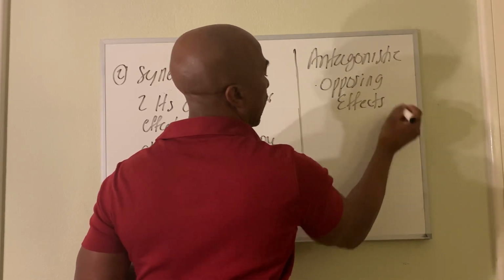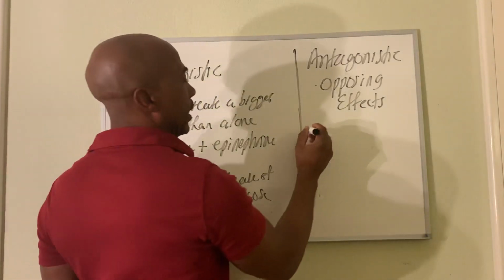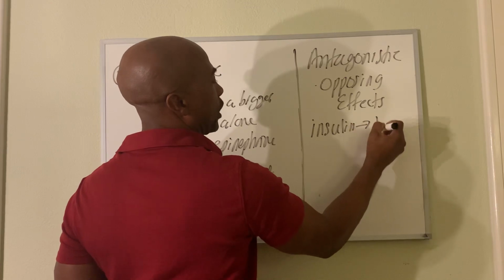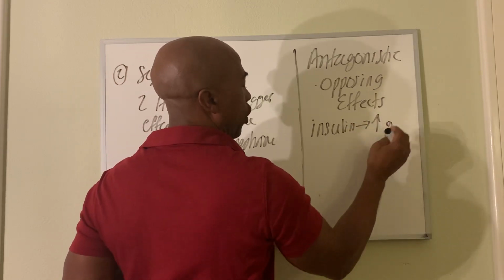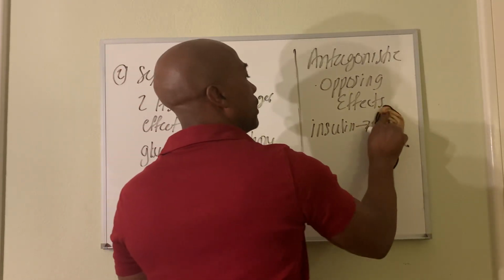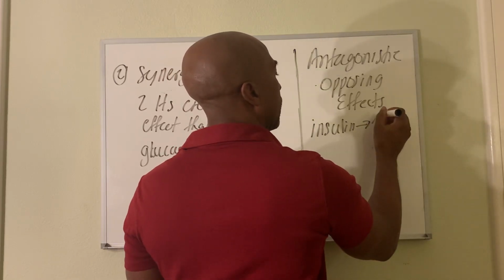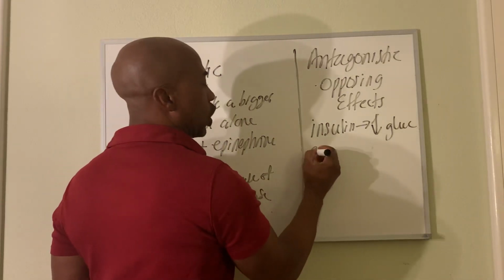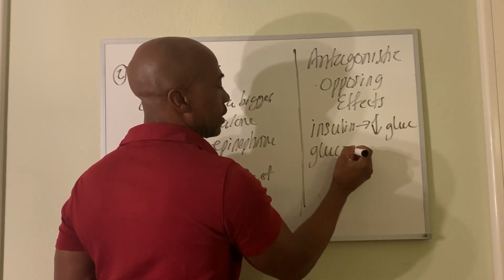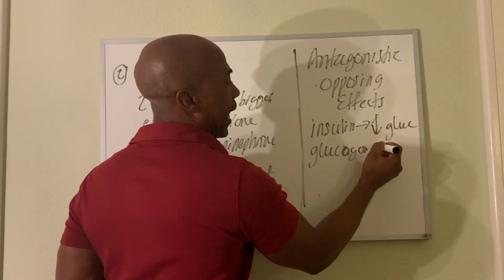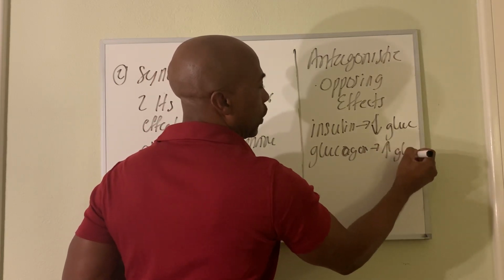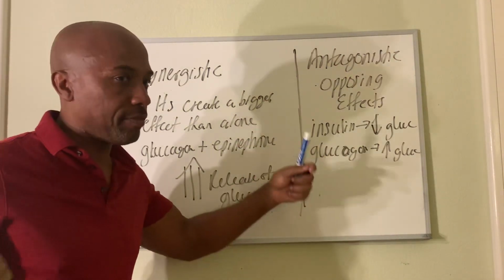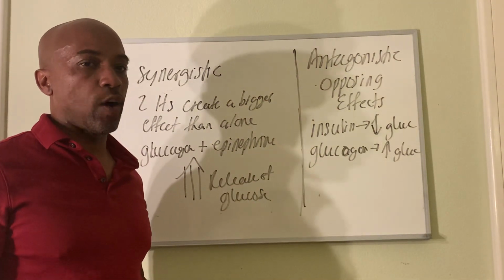A good example here is insulin acts to decrease glucose in the blood, while glucagon acts to increase glucose in the blood. So when they both act on the same cell, they tend to kind of offset each other. Okay, we'll pause there.